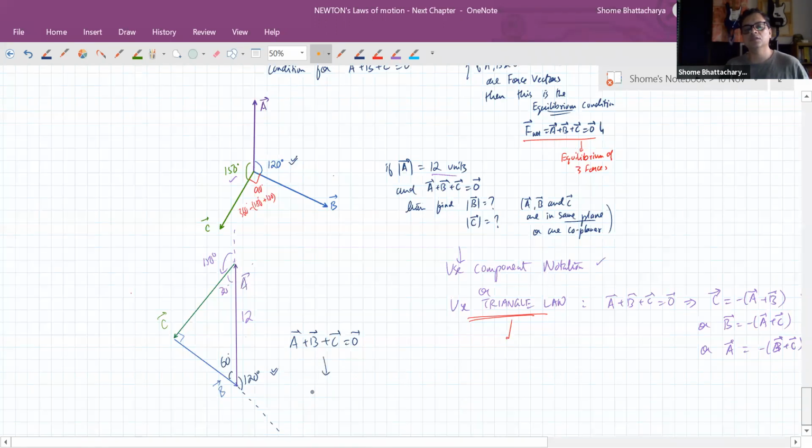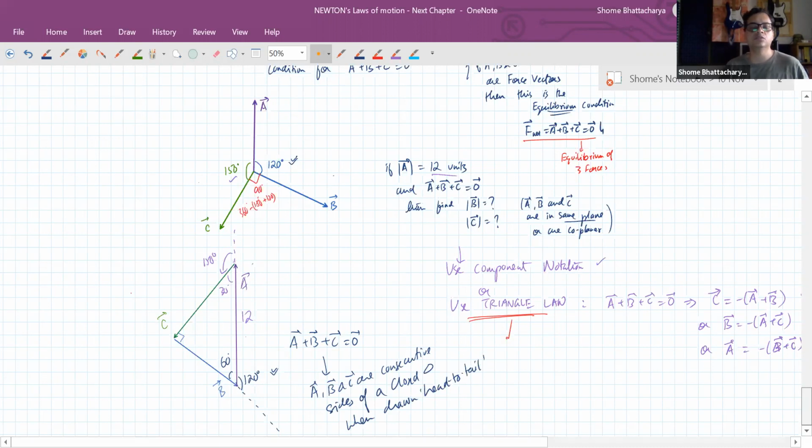That is, A, B, and C are consecutive sides of a closed triangle when drawn head to tail. That is a condition for the resultant to be 0.